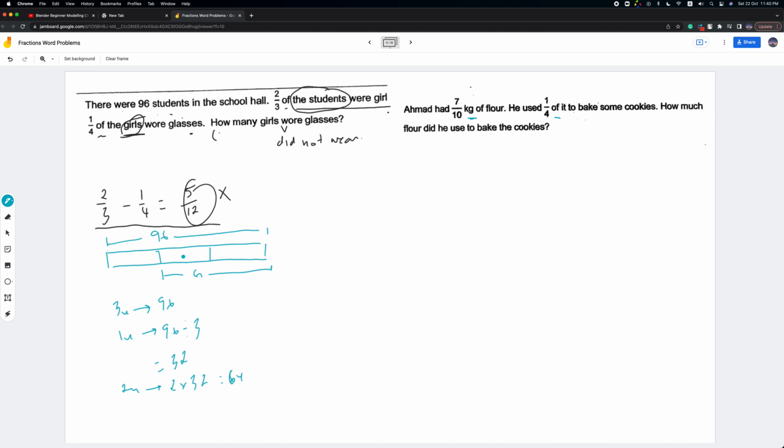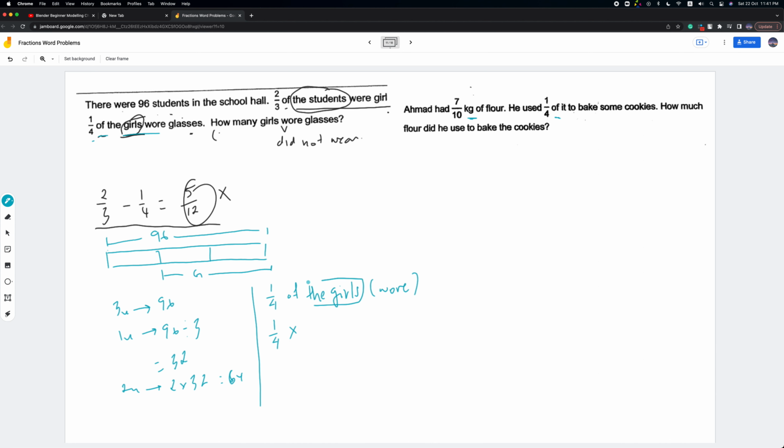And 1/4 of the girls. So now here, we can change the English to maths. I'm going to write the full thing here. 1/4 of the girls wore glasses. This is something that you need to master. Whenever you see a fraction, remember it must not have any unit. And of means multiply.